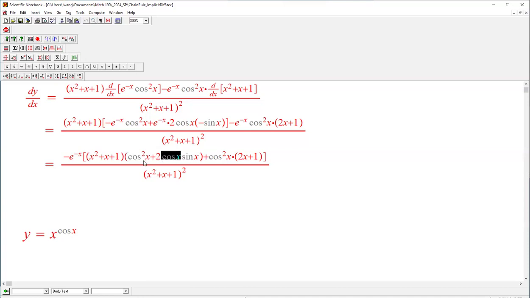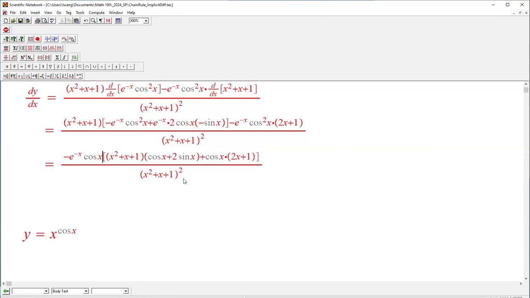So we're going to bring a cosine x outside. There's a cosine x squared here, there's a cosine x here, so we can factor out the cosine x.